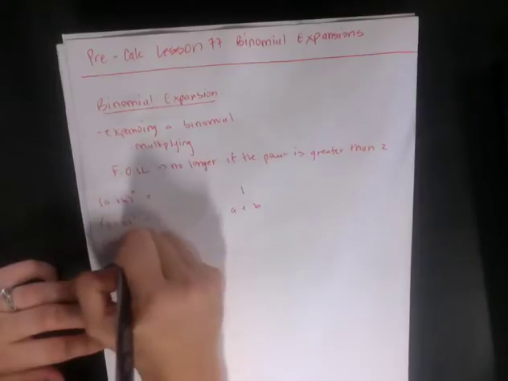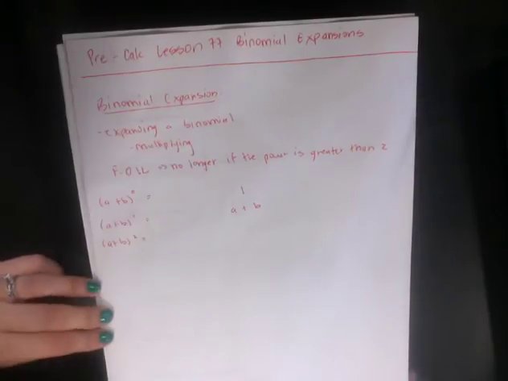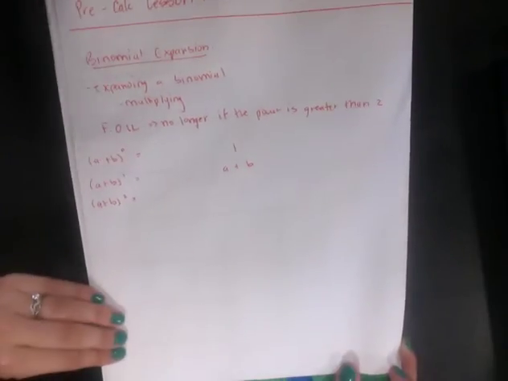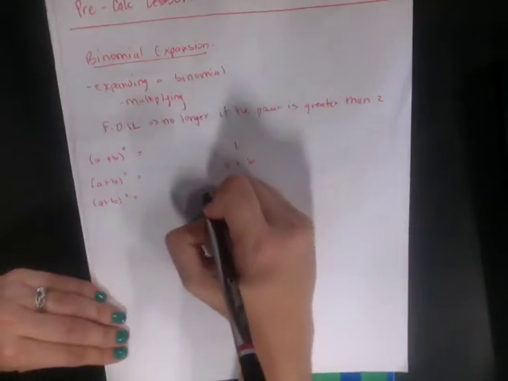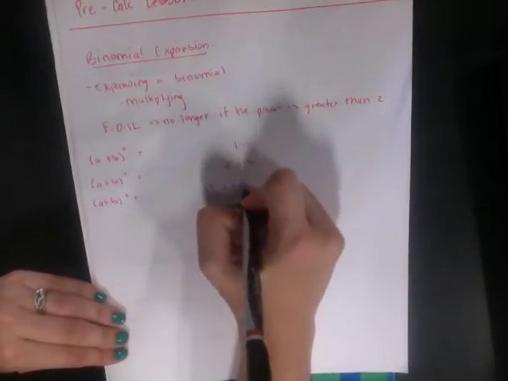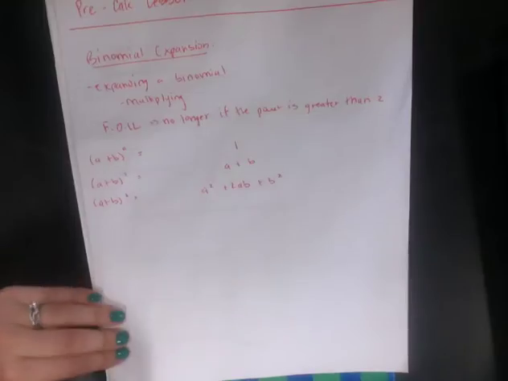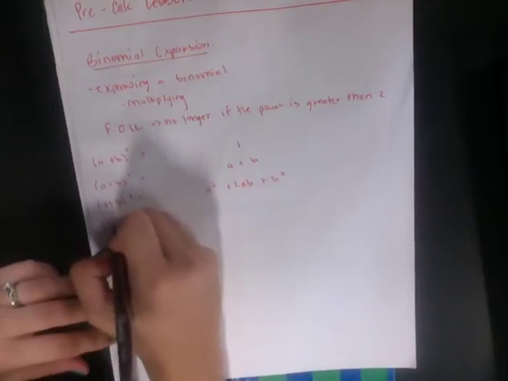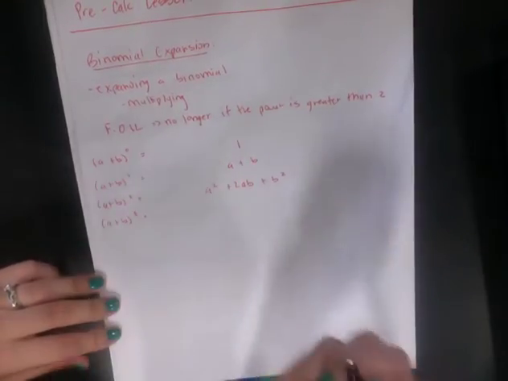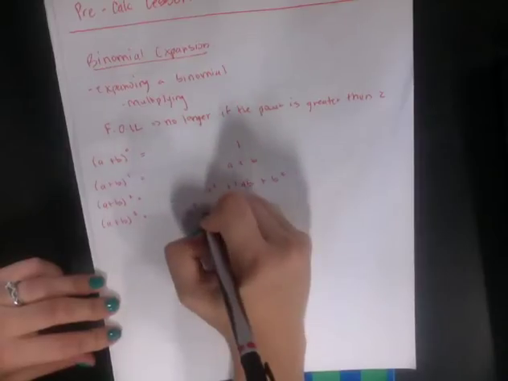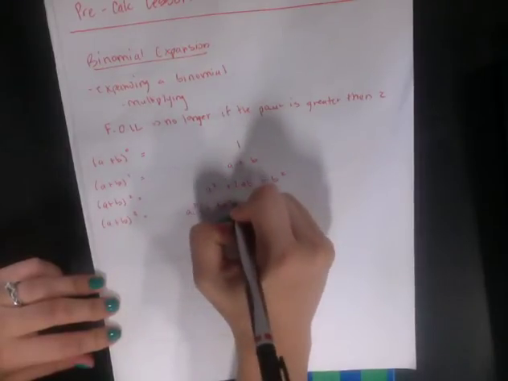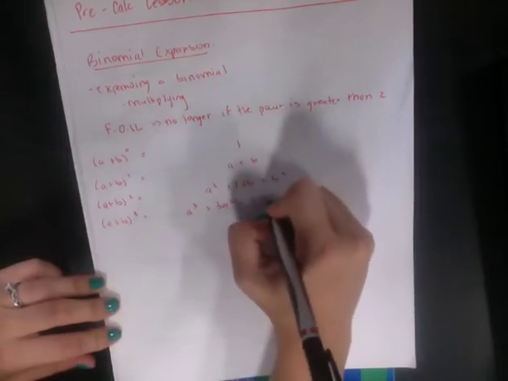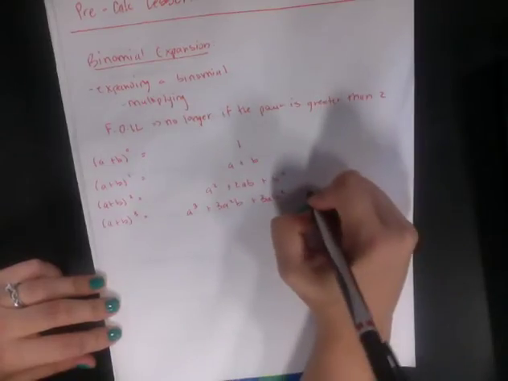Let's look at a plus b squared. A plus b squared is a squared plus 2ab plus b squared. A plus b cubed, we have a cubed plus 3a squared b plus 3ab squared plus b cubed.